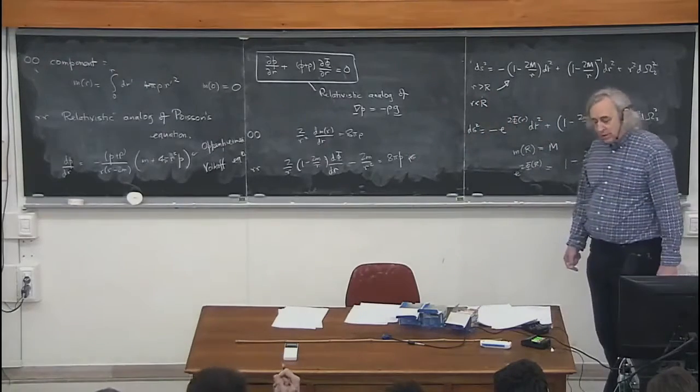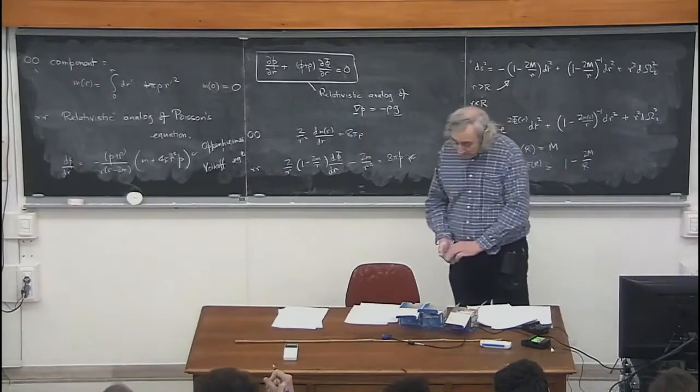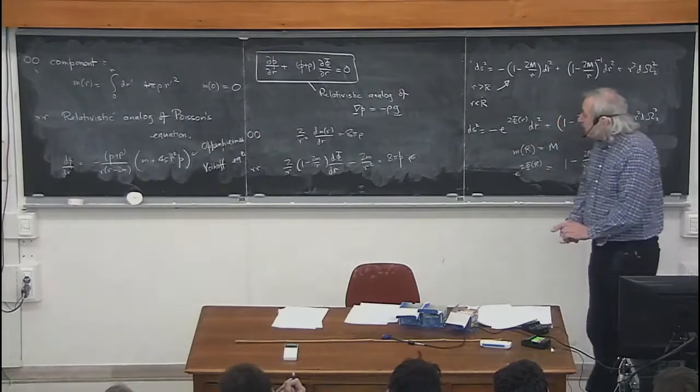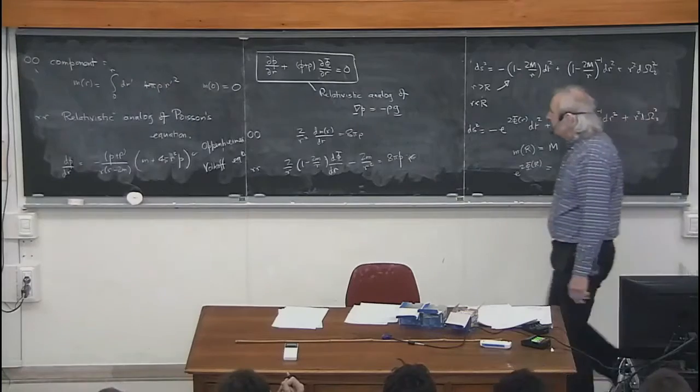Lastly, there's some boundary conditions that apply to the star. The surface of the star is defined by where the pressure is equal to 0.